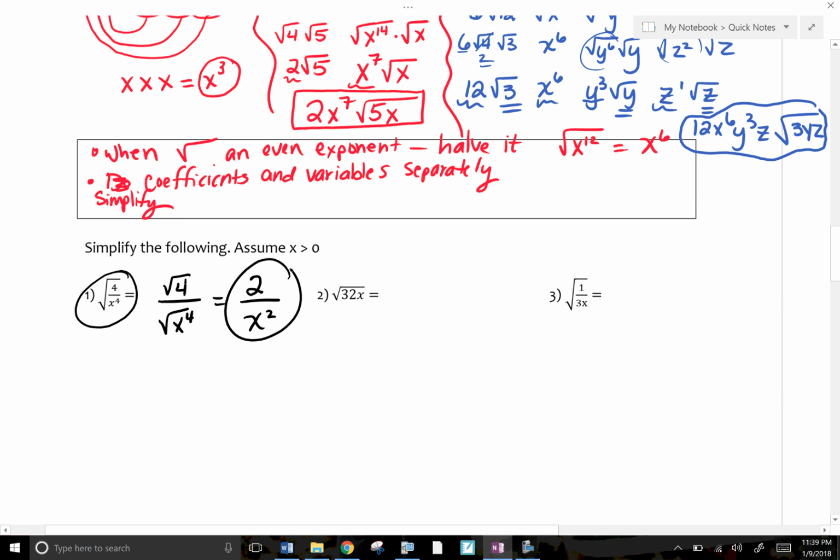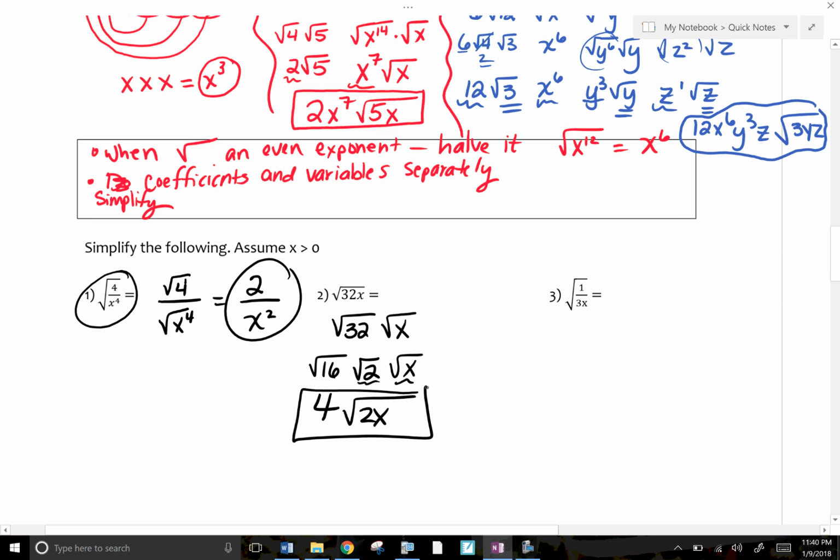Done. The square root of 32x, I'm going to separate it. Square root of x I can't do anything with. And 32 is 16 times 2. So the square root of 16 is 4, and 2 and x are both in a radical, so they both get multiplied in a radical.